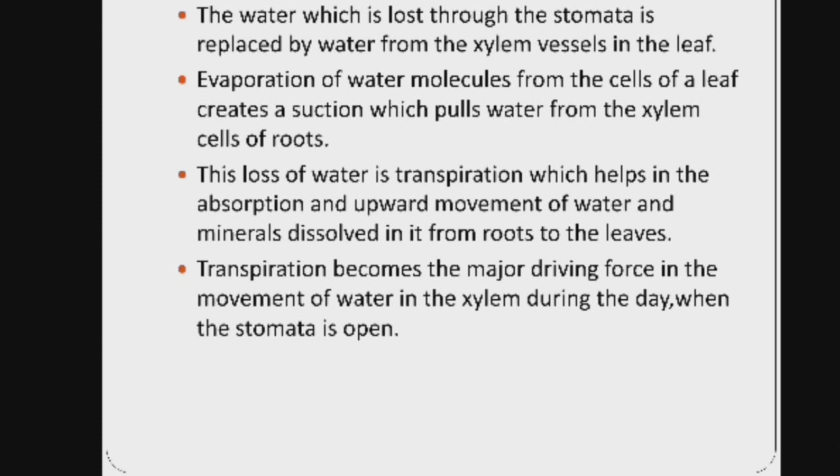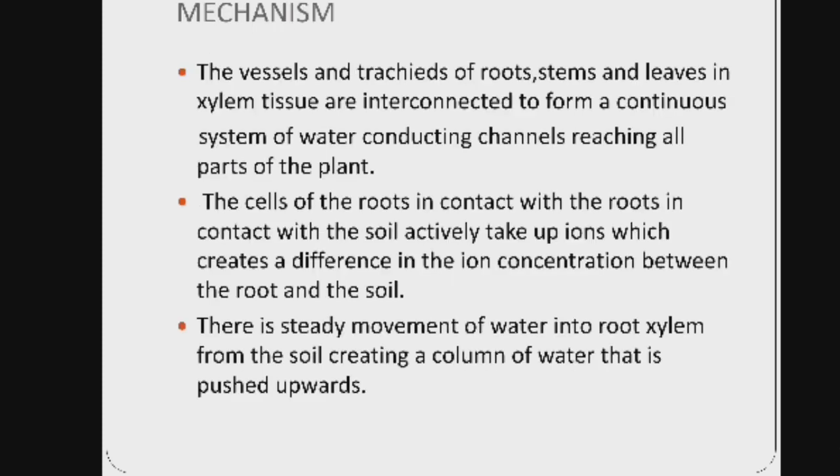Transpiration becomes the major driving force in the movement of water in the xylem during the day when the stomata are open. So these are the various steps involved in the mechanism of transportation of water and minerals in the roots.